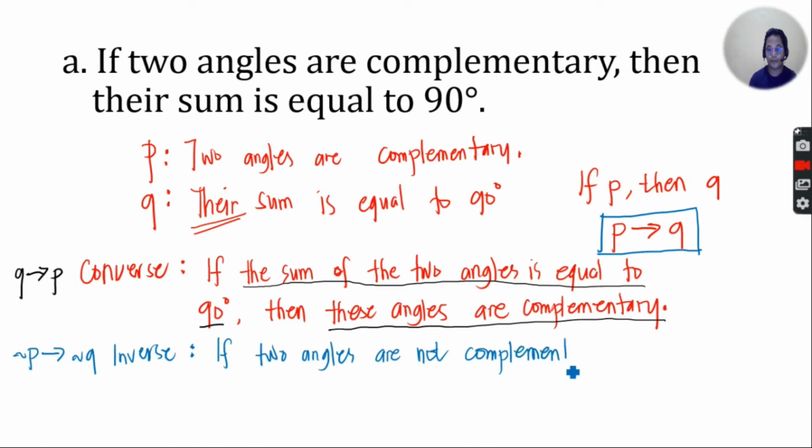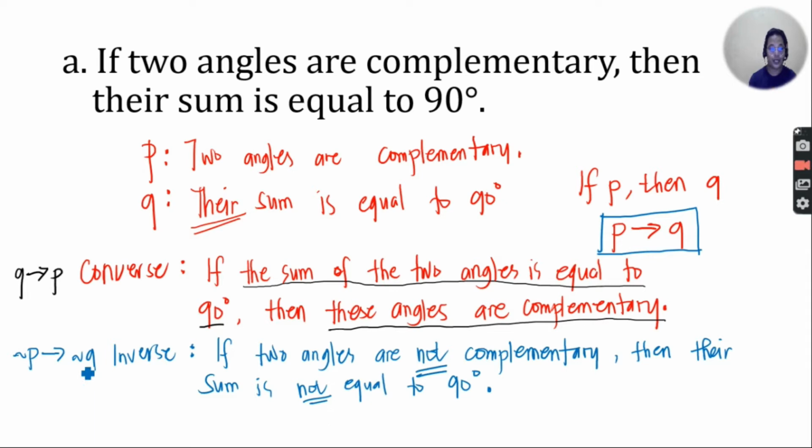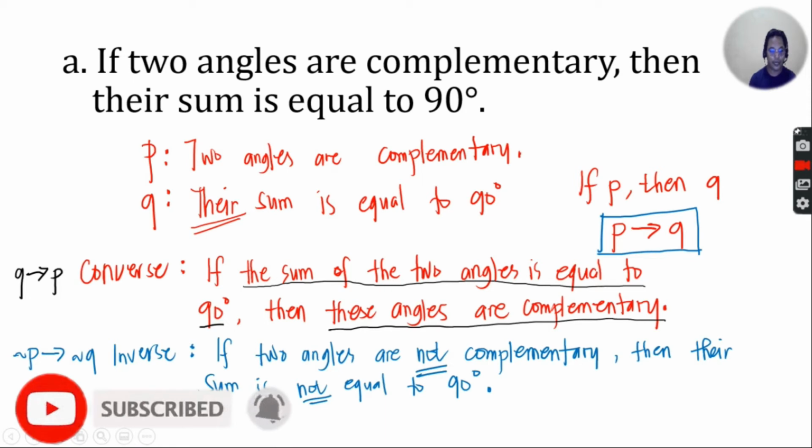Napakahalaga po na isulat natin yung not to indicate that we are negating the statement po. Then, their sum is not equal to 90 degrees po. Naglagay din tayo ng not sa ating conclusion. Ito po yung symbol ng not, yung parang wave lang po. Isa lang po. Not P implies not Q. So, yan po yung ating inverse.